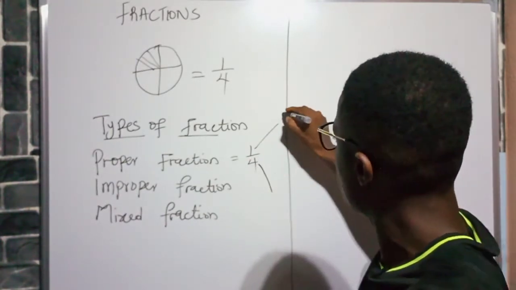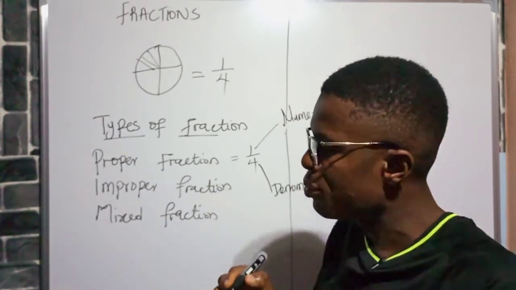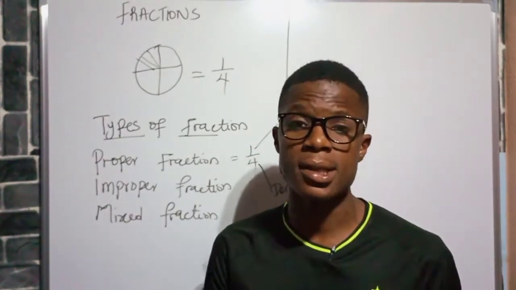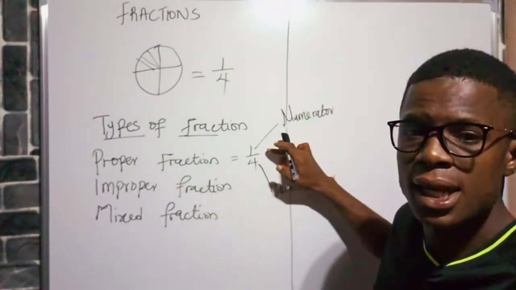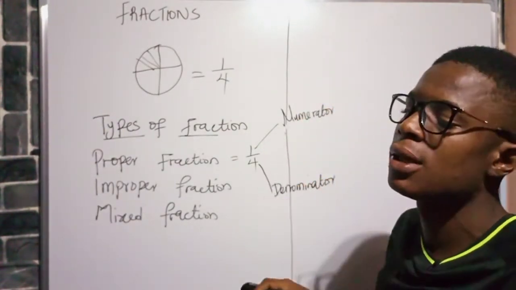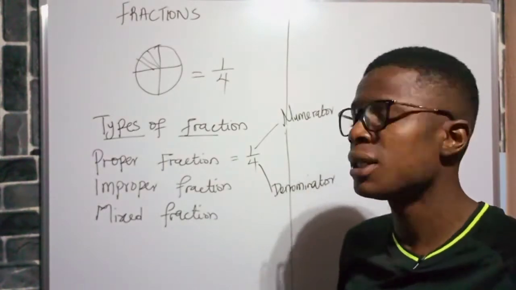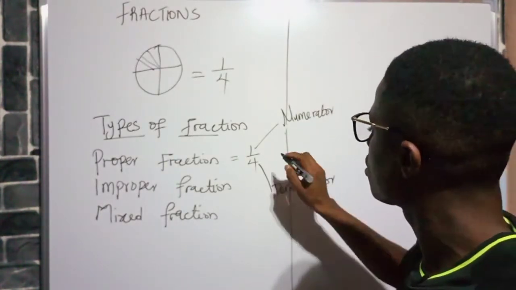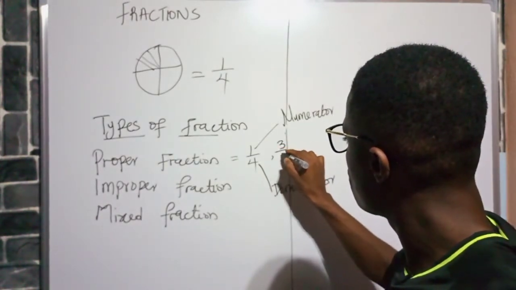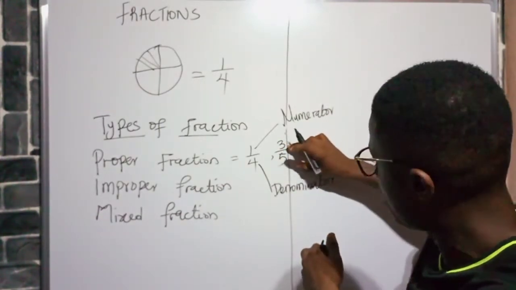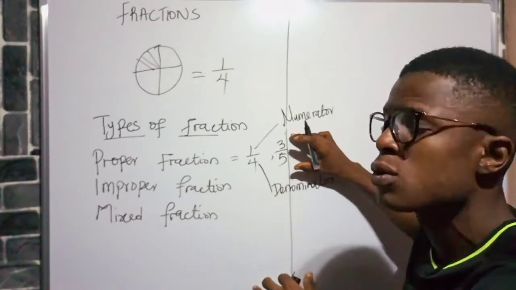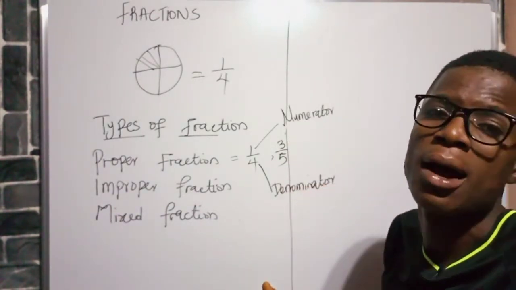The denominator. So a proper fraction exists in mathematics whenever the numerator is lesser than the denominator. We have another example of a proper fraction when we have 3 over 5. As you can see here, 3 is lesser than 5. So this forms what we call a proper fraction.